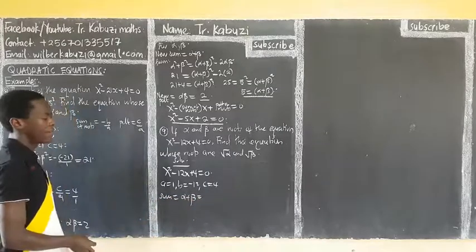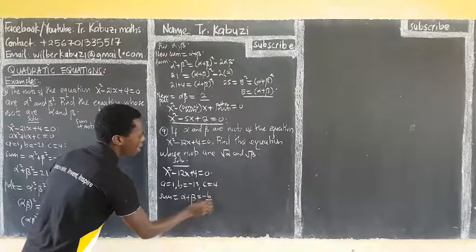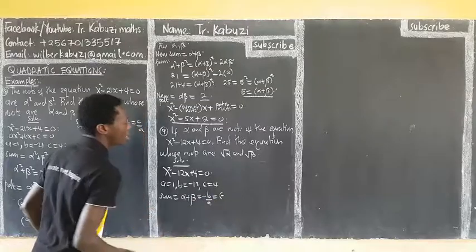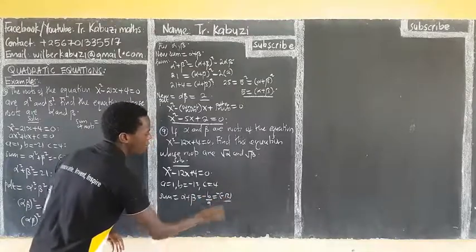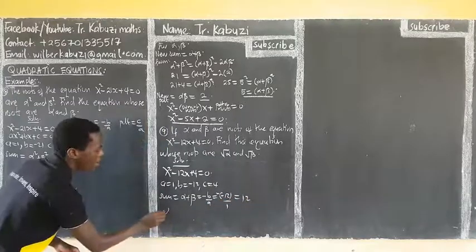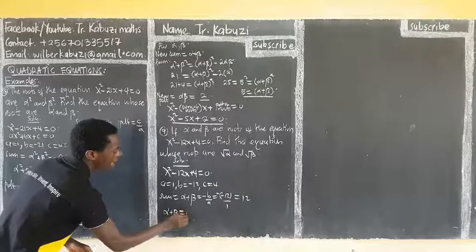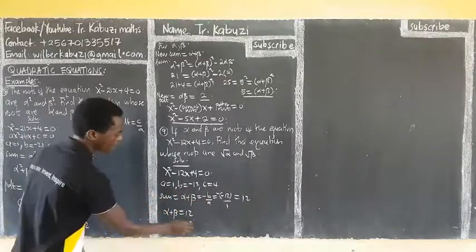It's always given by negative b over a, which is negative of negative 12 over a, which is 1, and so this one is going to give us 12. So alpha plus beta is 12.